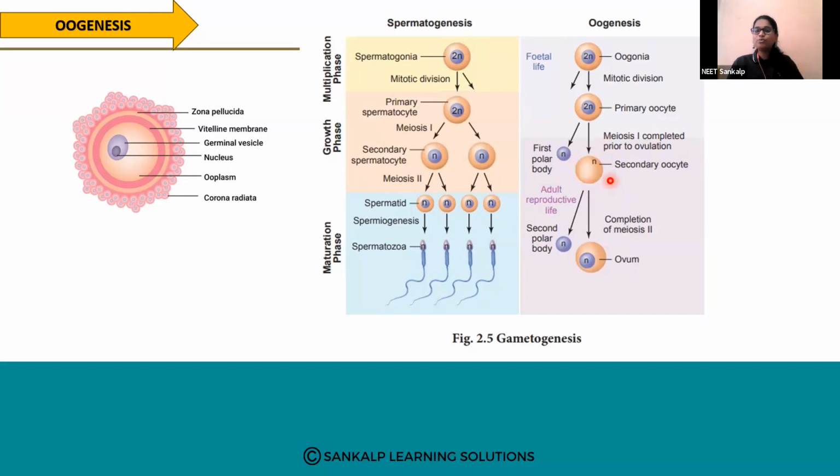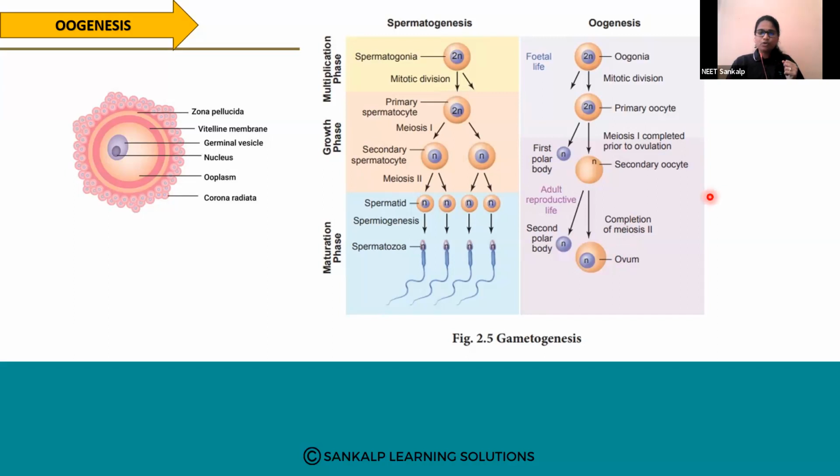When it completes meiosis 2, one ovum, or egg, is released along with the second polar body. These polar bodies will degenerate, die off or wash off later. So this is regarding oogenesis.